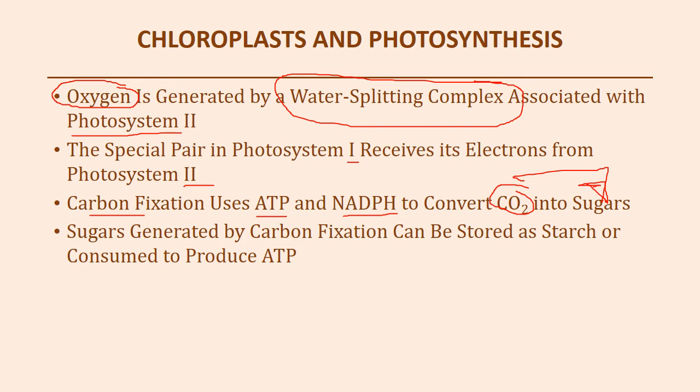And then if there is excess sugar being produced, the photosynthetic organisms will most likely be able to store it as starch, and that will be their energy-rich food that will be stored for a quote-unquote rainy day.